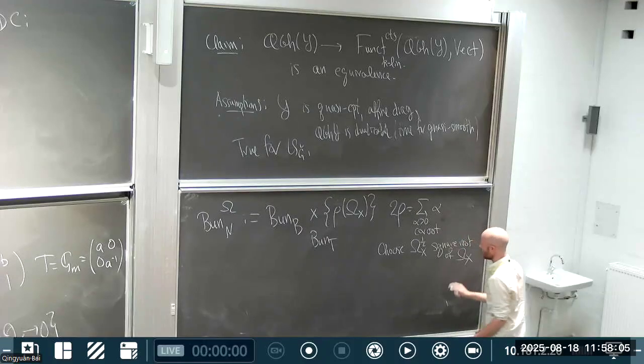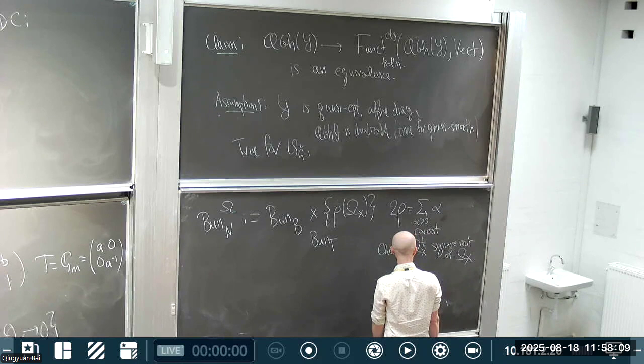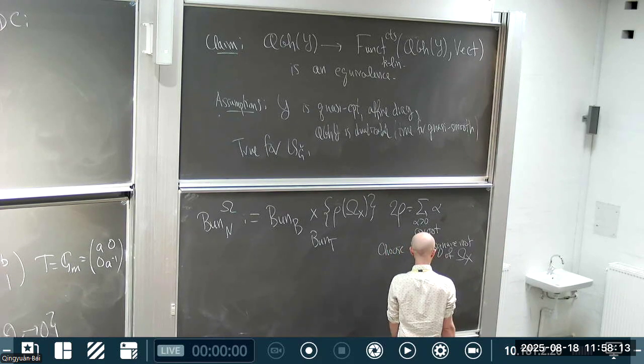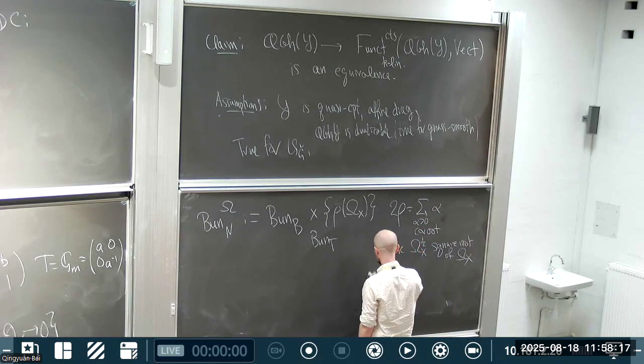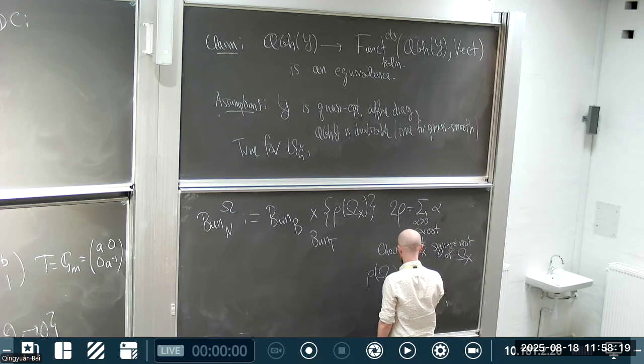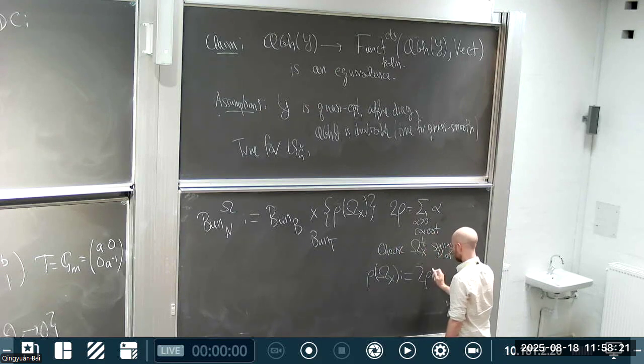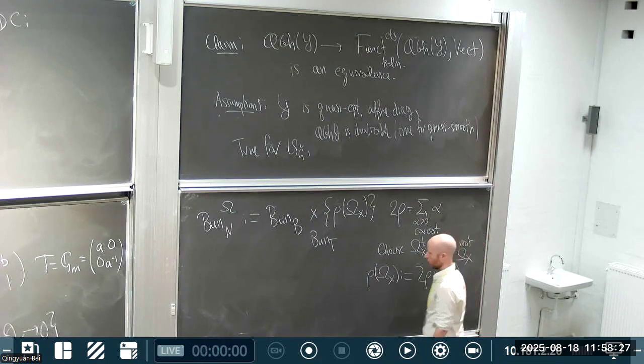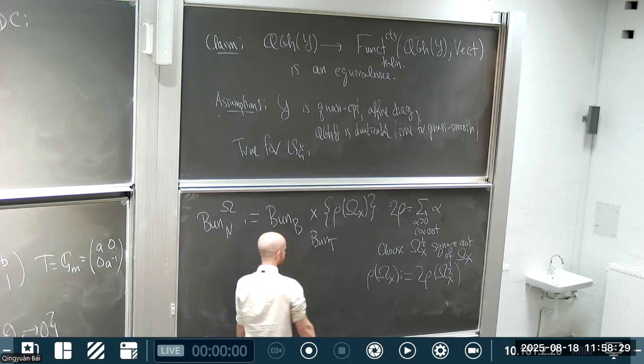The good news is it always exists, so that's another great exercise. And there are finitely many choices of isomorphism. Then rho of omega X is by definition 2 rho, which is an actual co-weight, applied to omega X to the 1/2.